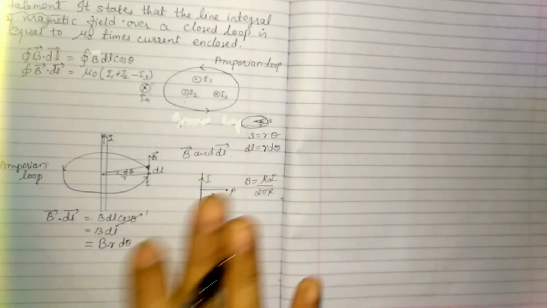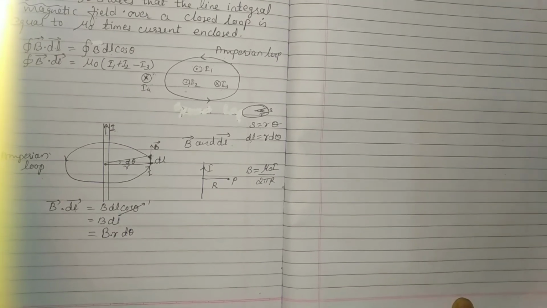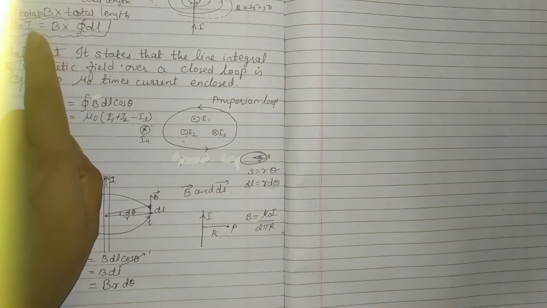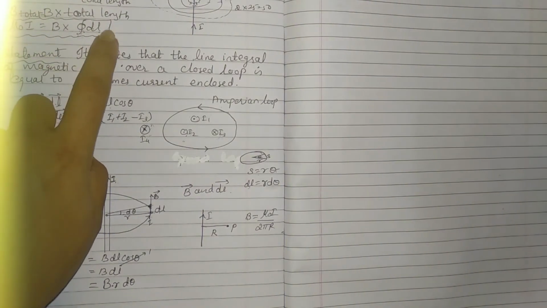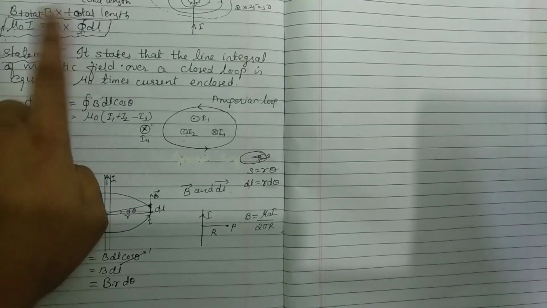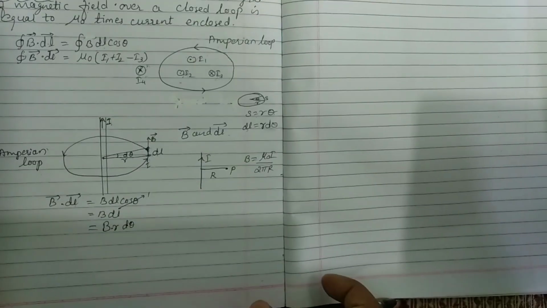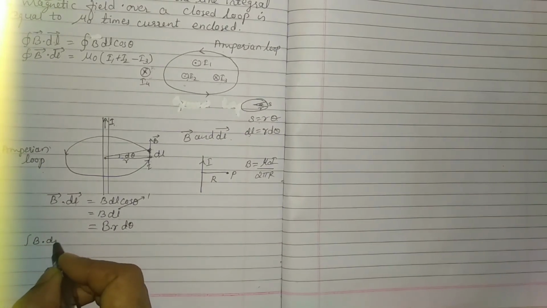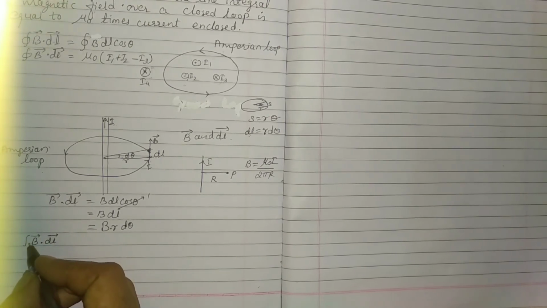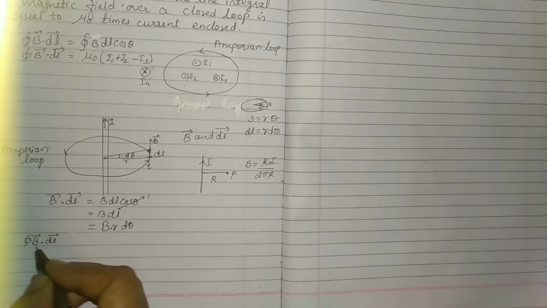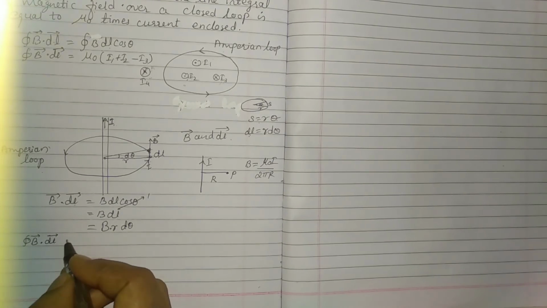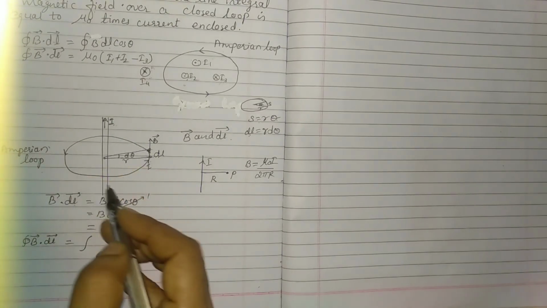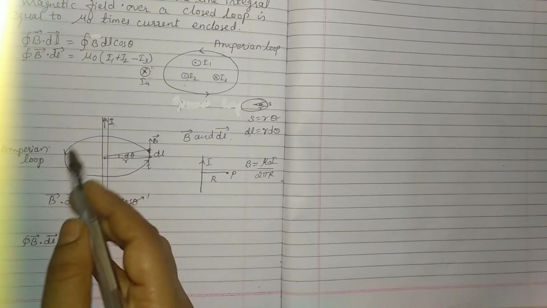So if I combine all these things, what Ampere's law states is that the line integral of B dot dl is equal to mu naught times I. So if I consider the left side of this equation, can I write the integration of B dot dl around the closed Amperian loop as an integration, since the Amperian loop is circular, where theta lies between 0 to 2 pi.